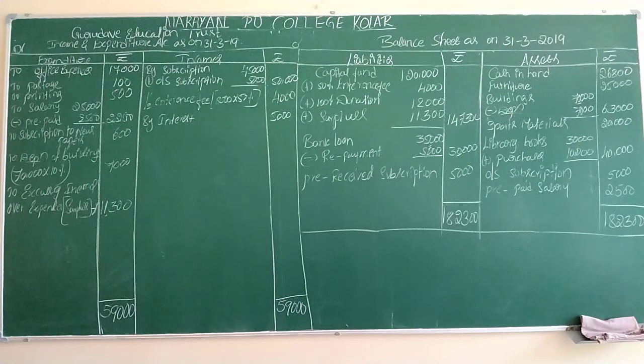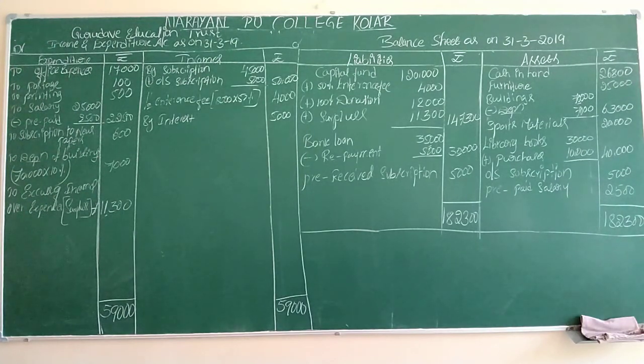So first you have to write like this, and you should draw the columns like this. Always on the left-hand side expenditure will be there, on the right-hand side incomes will be there. Why? Because expenditure should be based on payments and income should be based on receipts. So here office expenses 17,000. Why should we write 17,000 only? Because here the present year and previous year information is given.